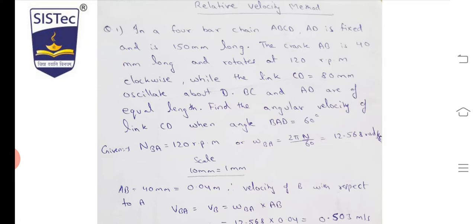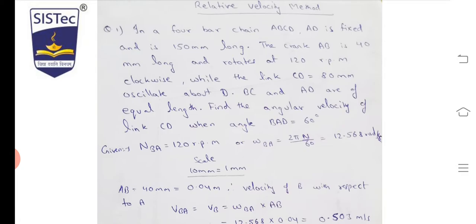The crank AB is 40 mm long and rotates at 120 rpm in the clockwise direction, while the link CD is equal to 80 mm and oscillates about D. BC and AD are of equal length. Find the angular velocity of link CD when angle BAD is equal to 60 degrees.